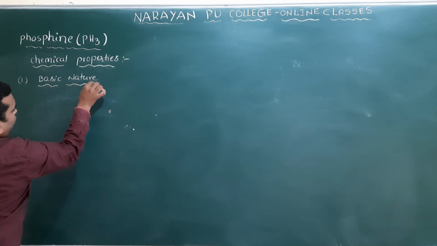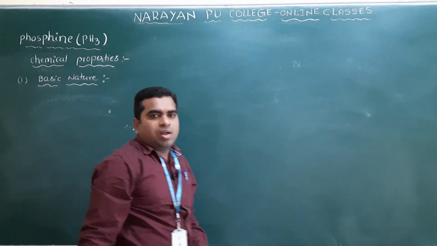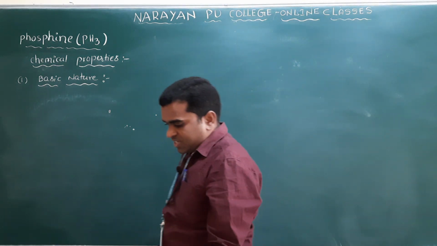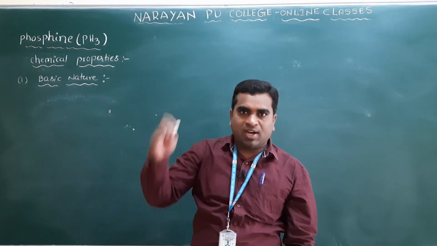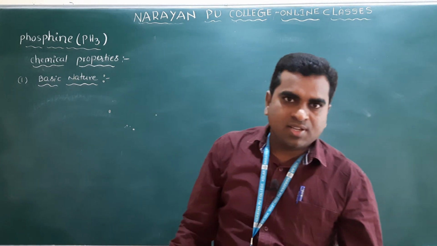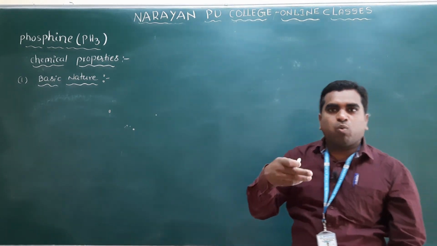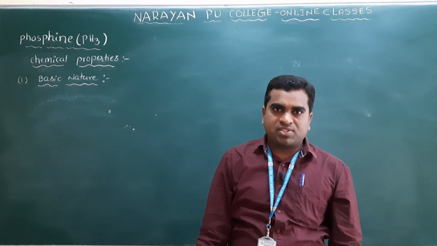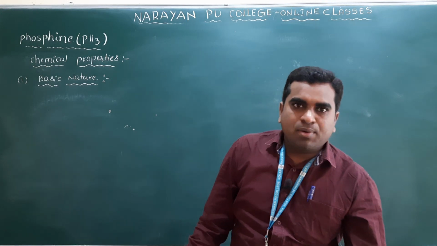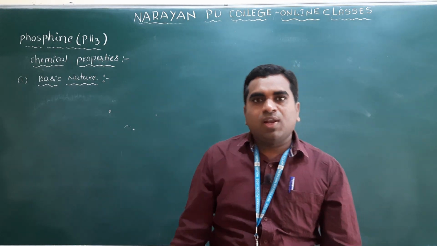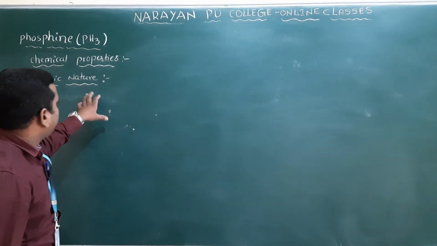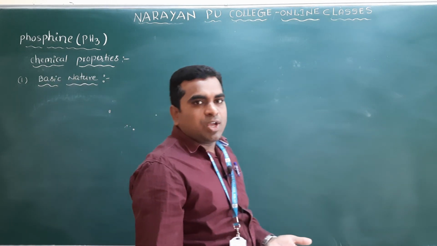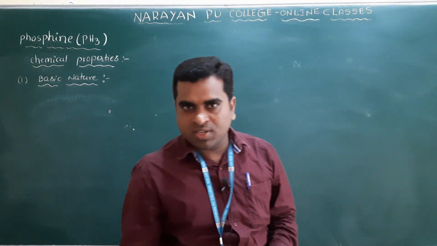I already mentioned that all hydrides of the 15th group elements, ammonia, phosphine, arsine, stibine and bismuthine, have a lone pair of electrons, so they can donate the lone pair to others. According to the Lewis acid base theory, a lone pair donor is called a base. So phosphine is a Lewis base, and it can react with mineral acids to give salts.